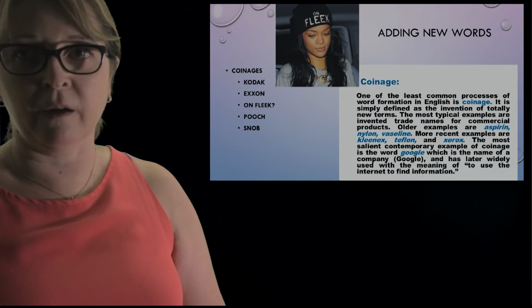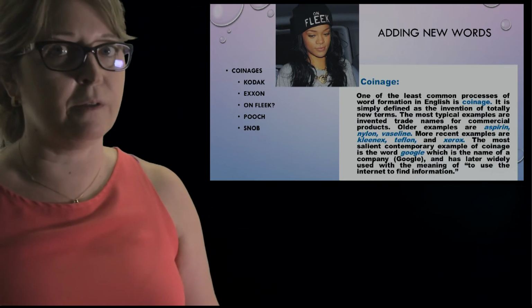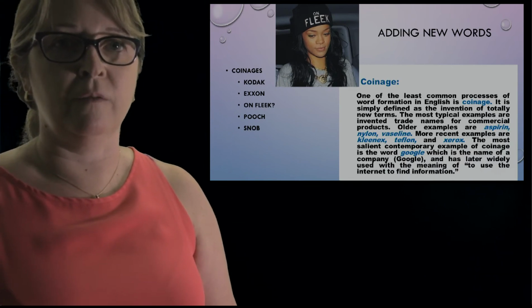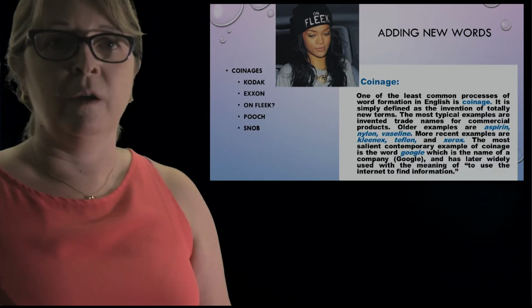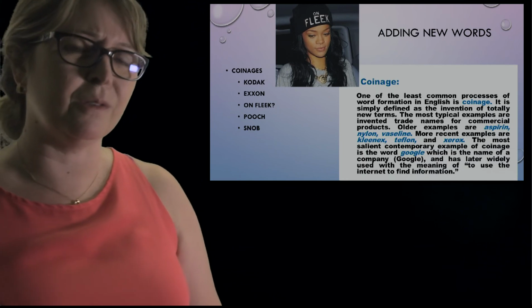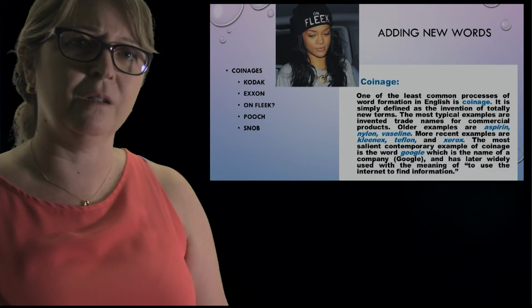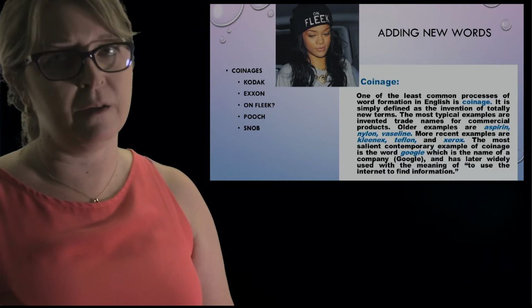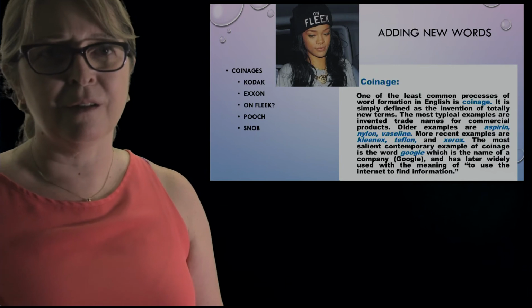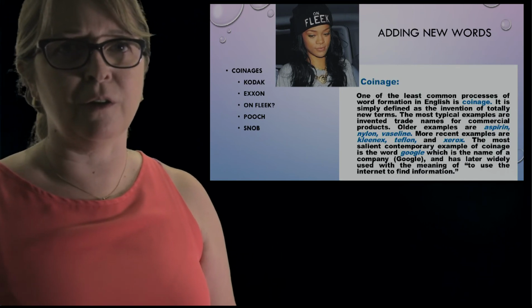Coinages. Kodak, if you guys know that, or Instagram or anything, no? Exxon, we could say snap. How about on fleek? Is that a coinage? Well, it's not really like a brand or a certain type. What is on fleek? You can look it up in Urban Dictionary.